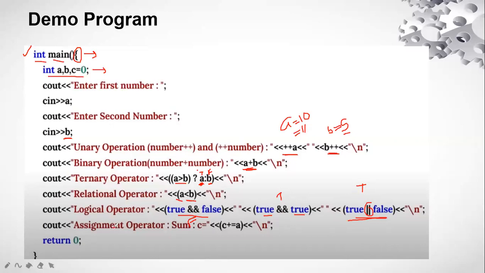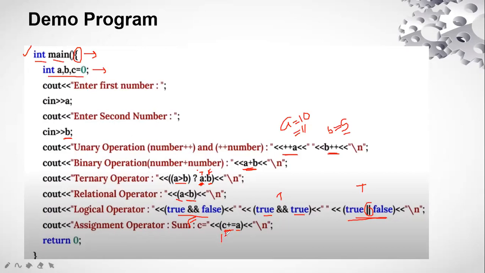Now see the assignment operator. Here we define the assignment operator as something like c plus equal to a. Let's say c is equal to 10 and a is equal to 5, right? So it is going to print c plus a. That means the value of a will be added to c, so it will be 15.